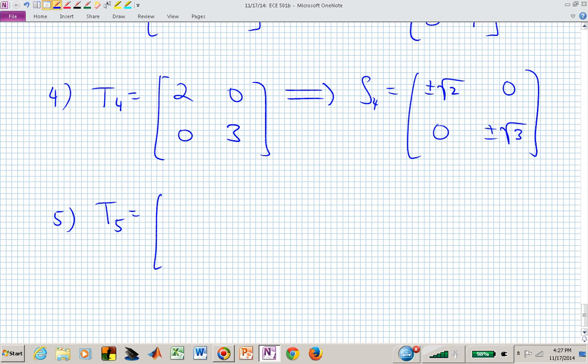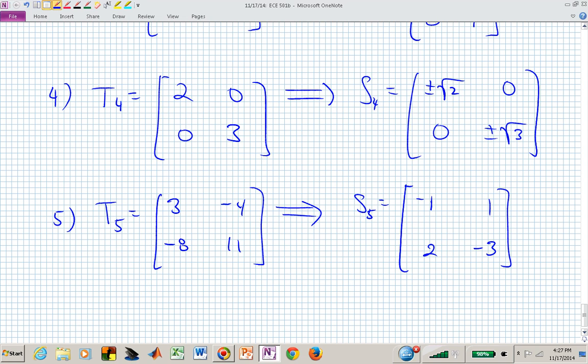T sub 5, 3 minus 4 minus 8, 11, and s sub 5 is equal to minus 1, 1, 2, minus 3. And now we can take these matrices, square roots of matrices, can have negative entries, and we can still talk about square roots.